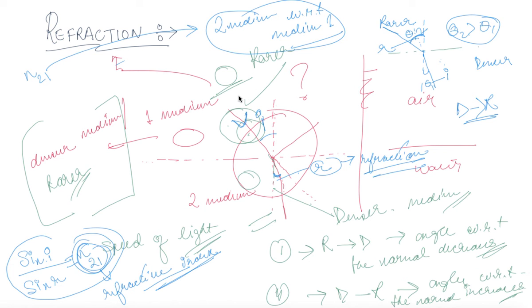So now let's understand what refractive index is. When I talk about the refractive index of medium 2 with respect to medium 1, what actually am I talking about? Let's have a look in our next slide.